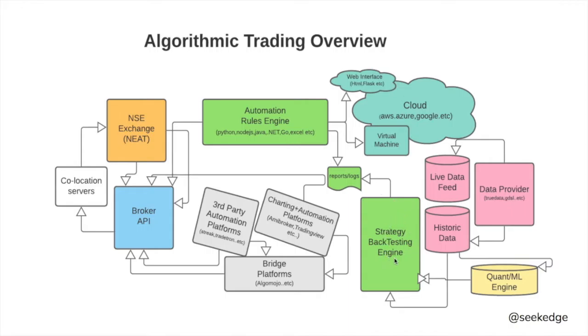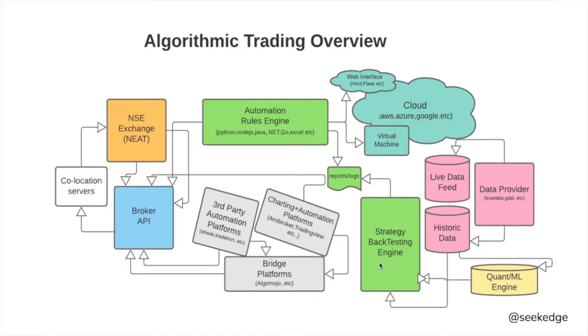The second one is backtesting of the strategies. Backtesting can be done manually by going through the charts, but we are not talking about that. We are talking about algorithmic trading, so the backtesting also uses an algorithm and is automated.